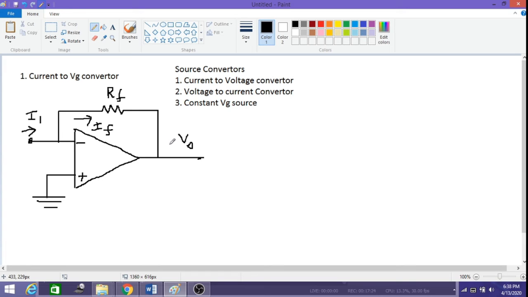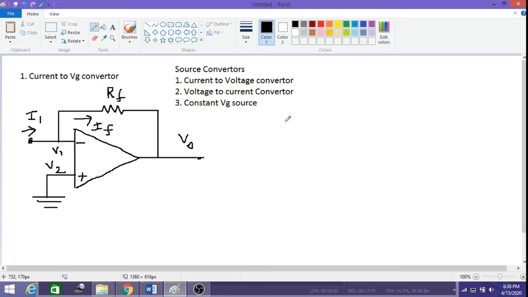It is also called a transresistance amplifier. This is a circuit which converts the current to voltage. So let us see how this works. It's a simple analogy here. We know that the input current is equal to the feedback current here, because the V2 point is grounded and the V1 point is virtually grounded.